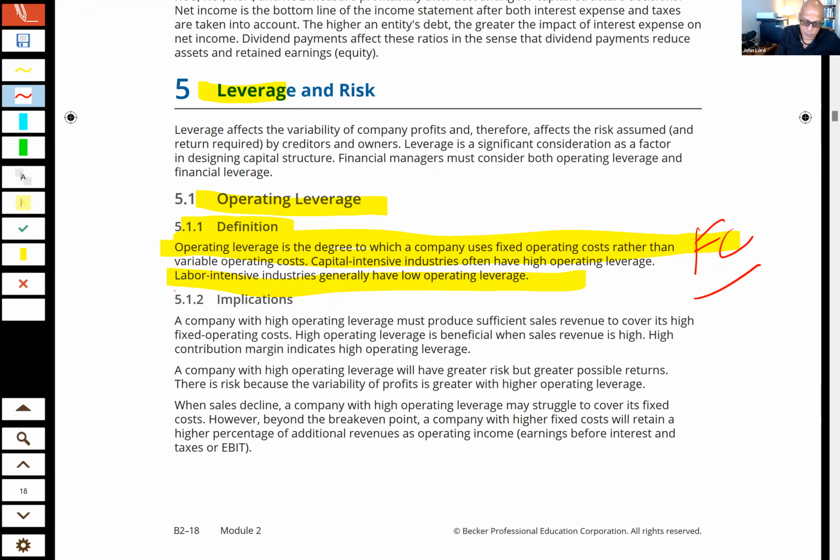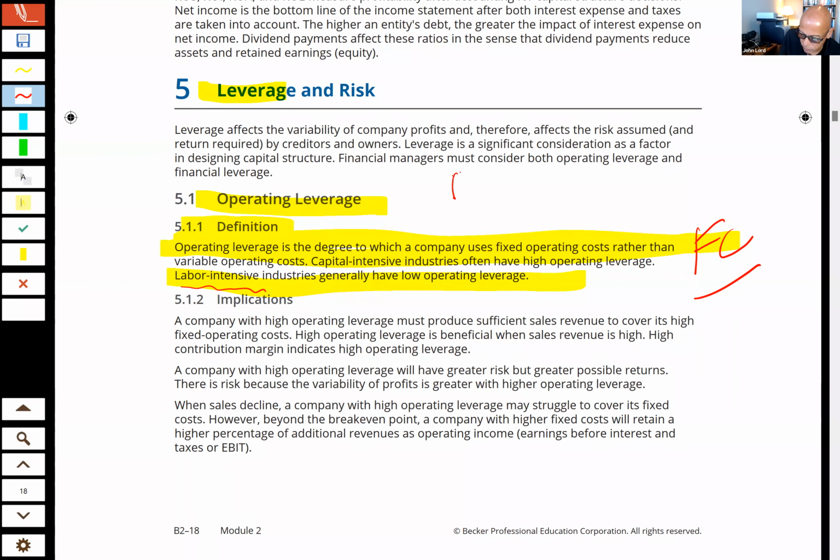They say labor intensive because more direct labor, and also direct materials, would be considered something that would lead to having a lower operating leverage versus an entity that has a higher fixed cost. So the more the fixed cost, the more the operating leverage. The lower the fixed cost, the lesser the operating leverage.